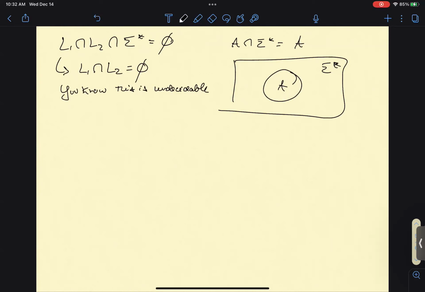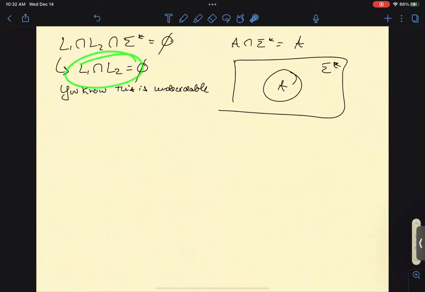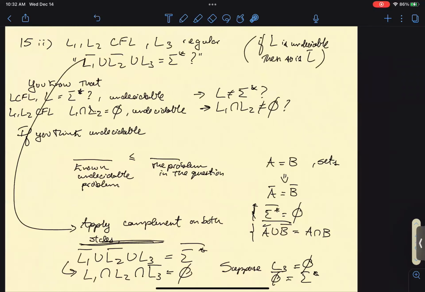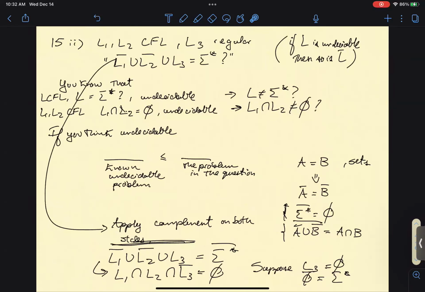So essentially, if this original problem were actually decidable, then you could take some arbitrary instance of this, and feed it to this one, saying that L3 is the empty set. And then you could solve the original problem, which is L1 intersect L2 equals the empty set.